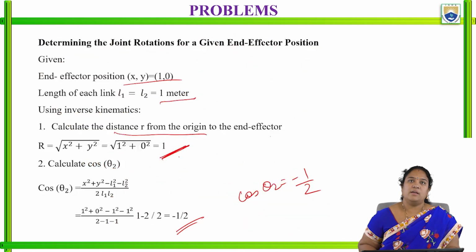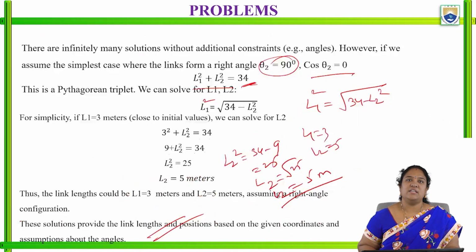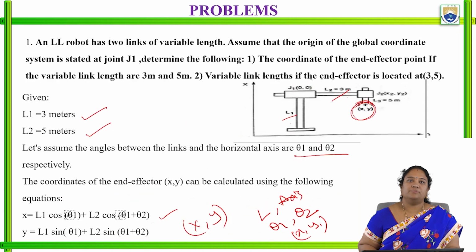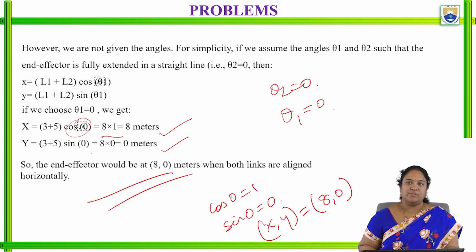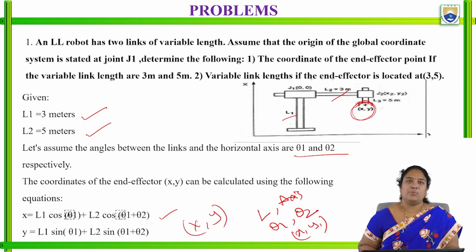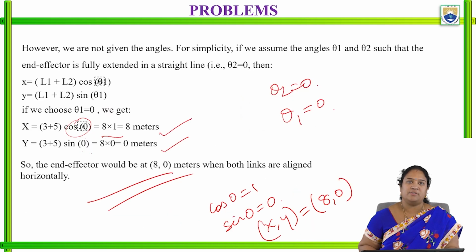Clear? The first problem is related to the basic link problem where we directly calculated the x and y values, right? In the second, length 1 was 3 meters and length 2 was 5 meters, and we calculated x and y values with respect to the equations. Right?